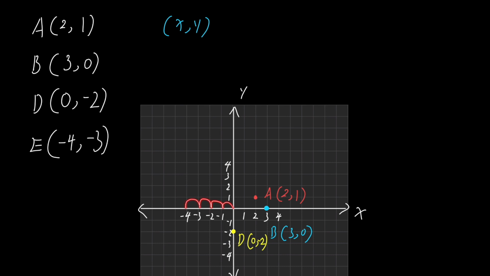And we have a value for y, and it's -3, so we start here and move down 3 units. 1, 2, 3, and here is our final destination. And we call it E, -4, -3.